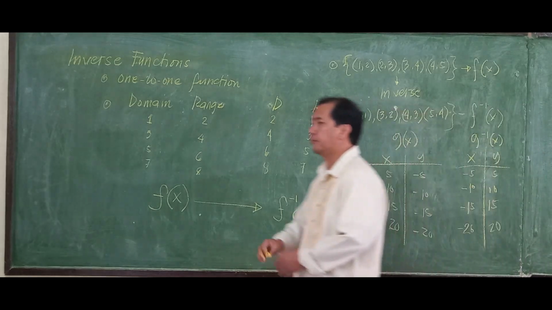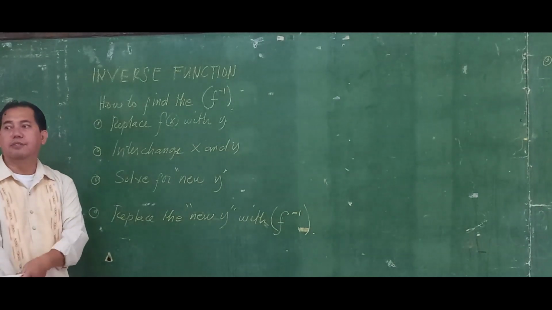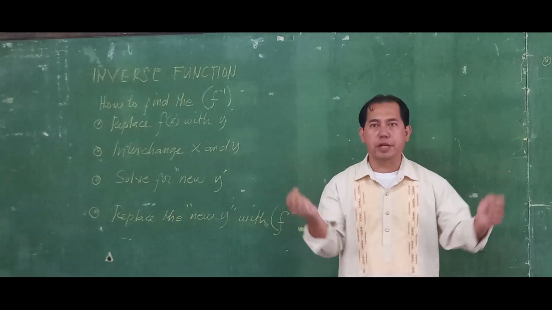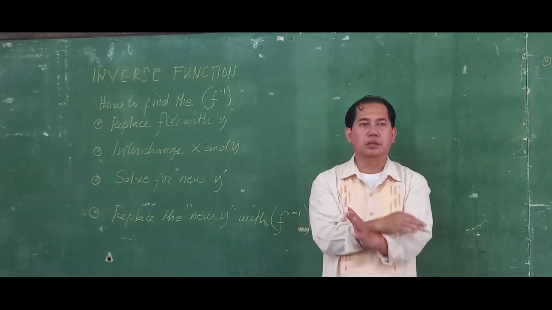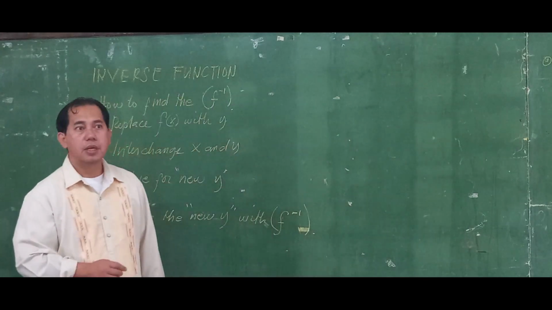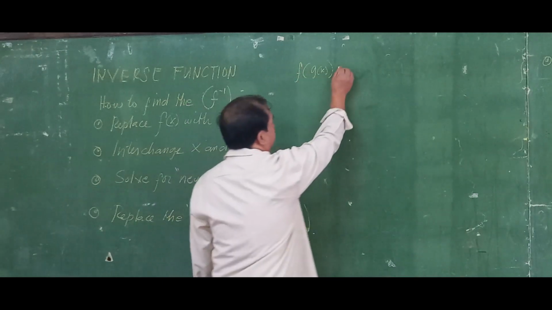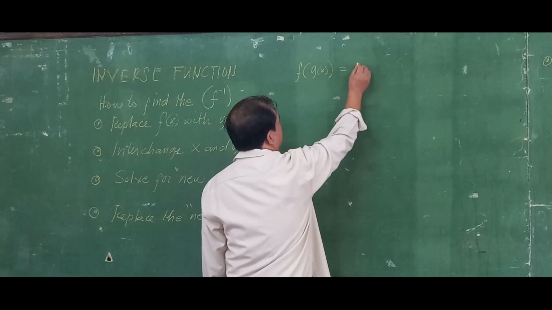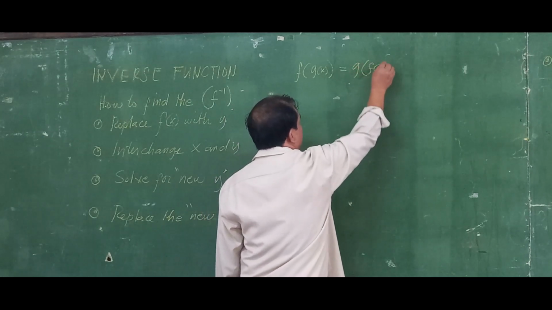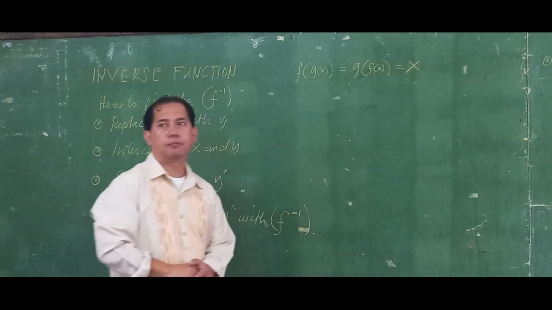Okay, copy this one. One of our focus in the inverse function is to find the inverse of a given function. If the points, the pairs, or the coordinates are given, you just interchange. Now, what about if you are given a function? Okay, so we have in here the notation, that is the same as we have in here, g of f of x, but you notice they are both equated to x.